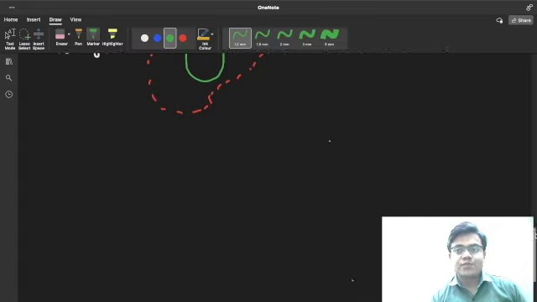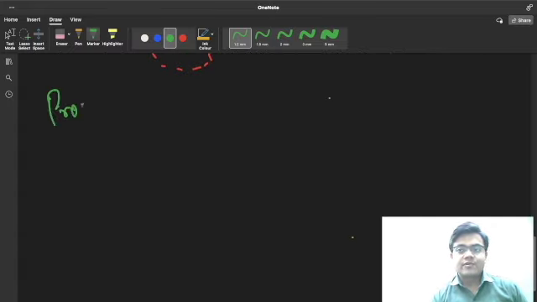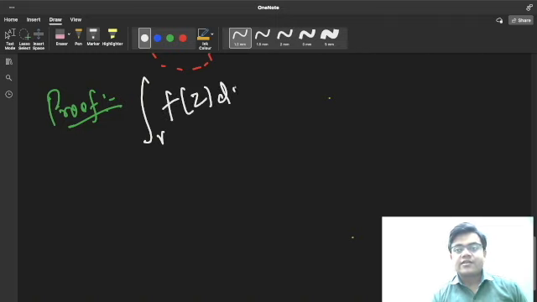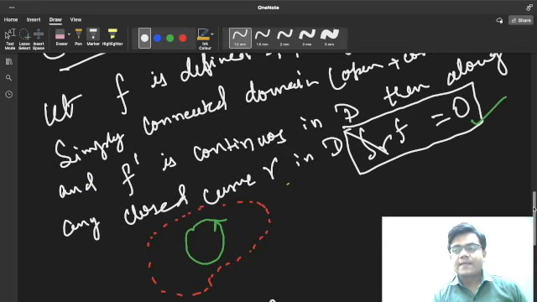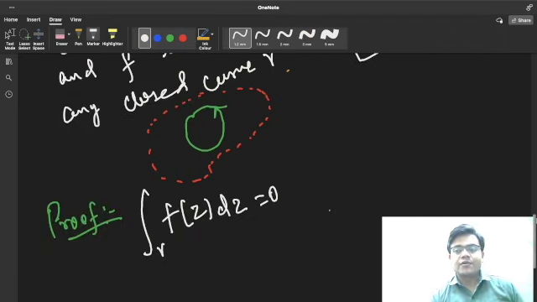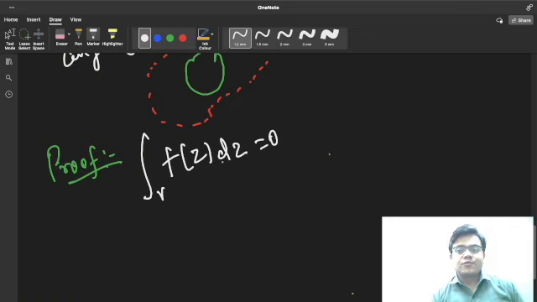So let's go to prove it. A very simple proof. We have to prove that the integral over gamma of f(z) dz is going to become 0, because we have to prove this integral is equal to 0. What are the things given?